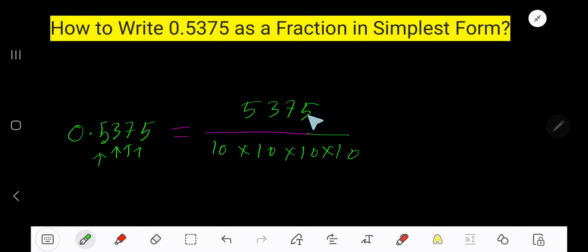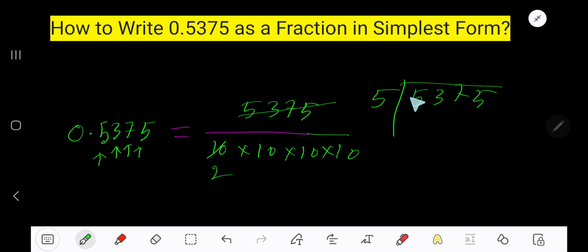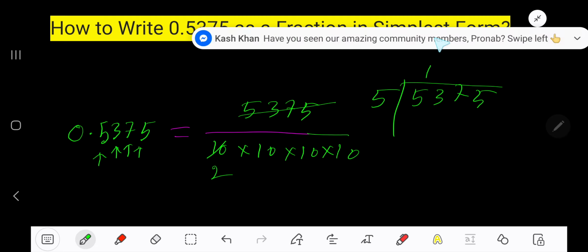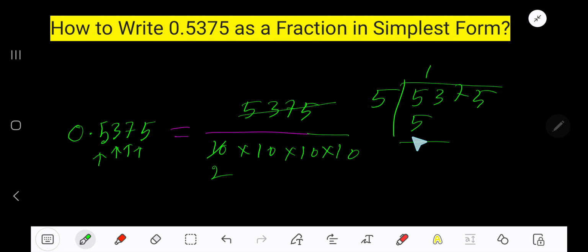This number has 5 at the end, so it is divisible by 5. This number has 0 at the end, so it is divisible by 5. I will get 2 here, and what will I get here? 5 goes into 5 one time, 1 times 5 is 5, subtract, bring down this 3. 5 goes into 3 how many times? 0 times.